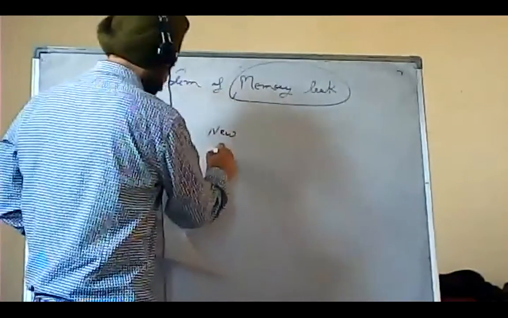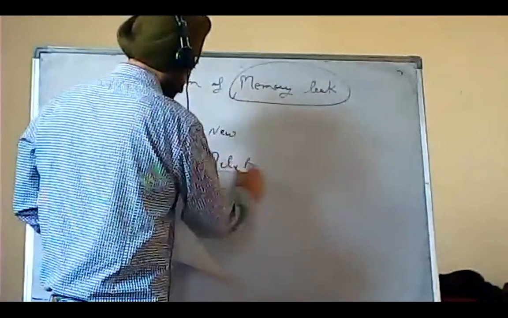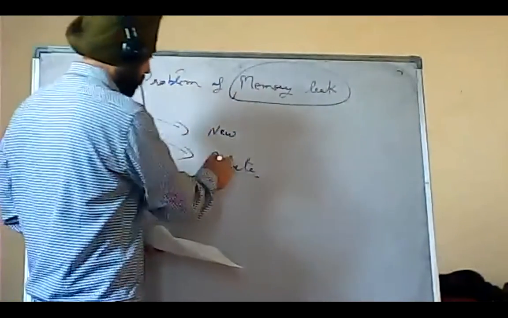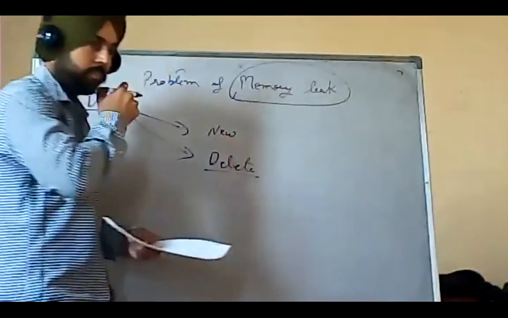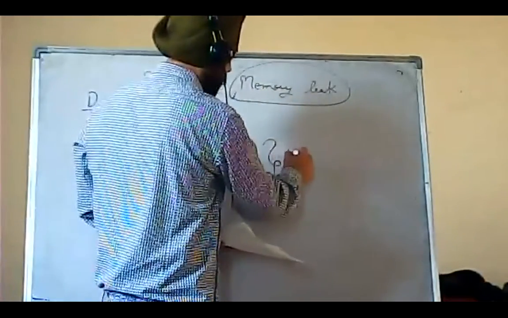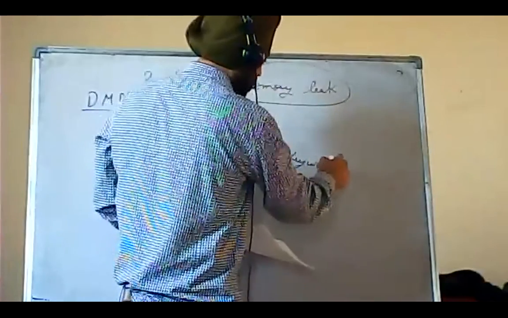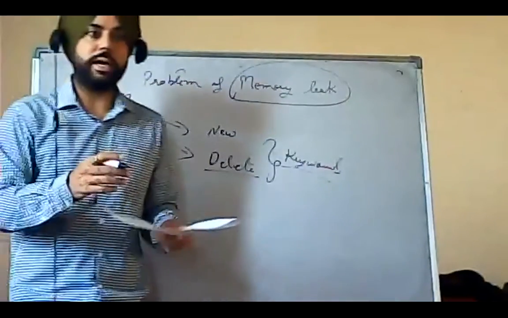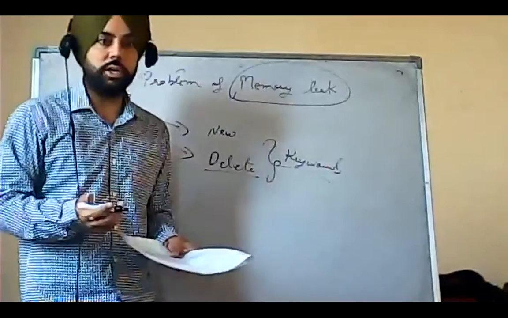And we have another operator, that is delete. You can say that it is a keyword. Both are keywords, new and delete, specifically used for allocation and deallocation of memory.